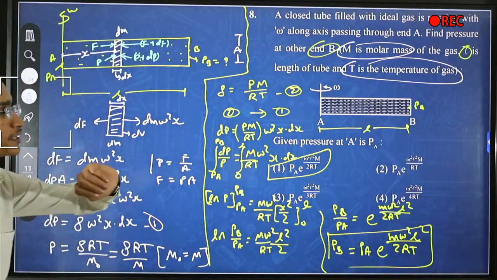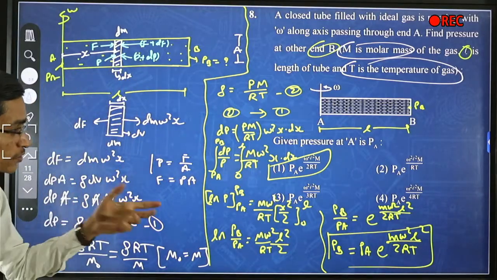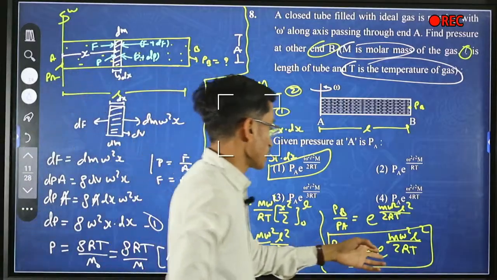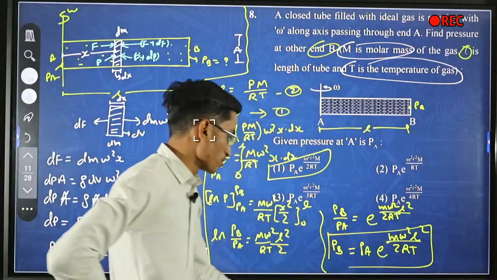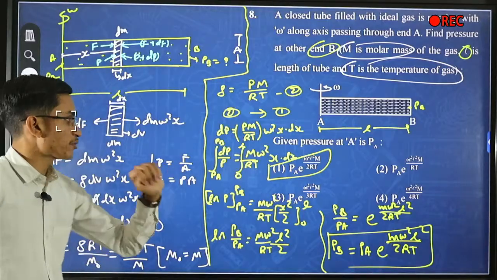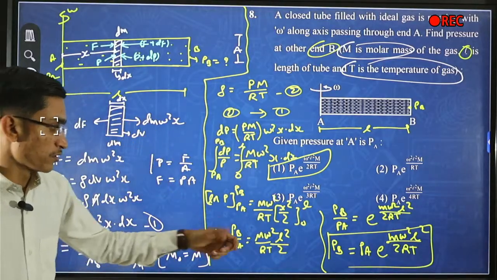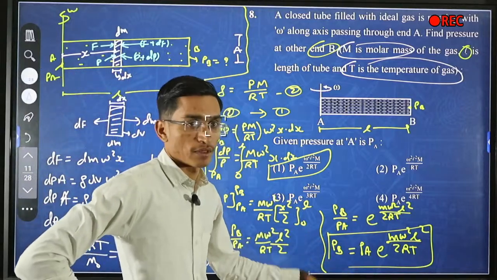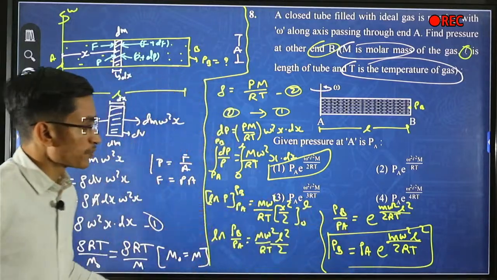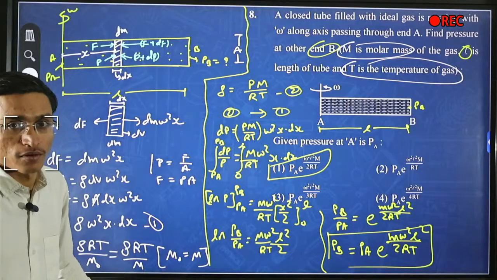Here gas is considered as a fluid, and you can see that the answers are in exponential form. So in this type of question there are some concepts that should be linked.